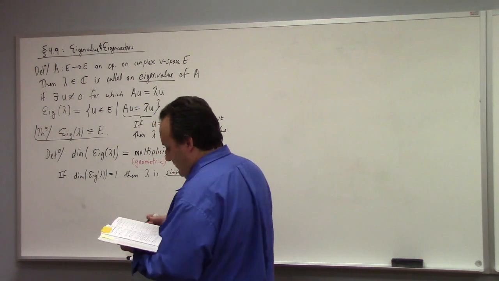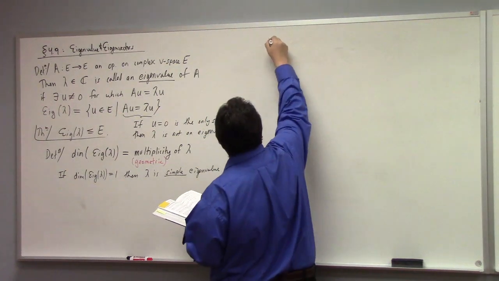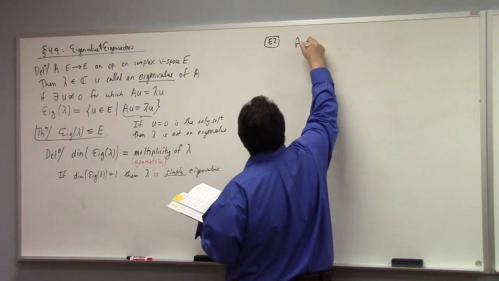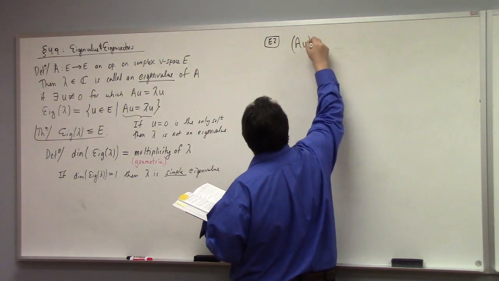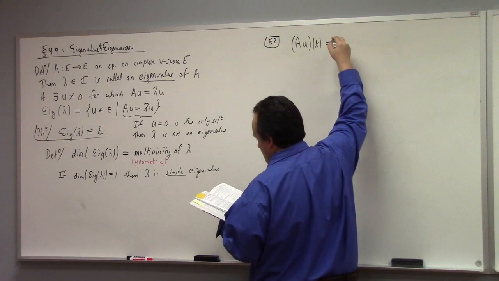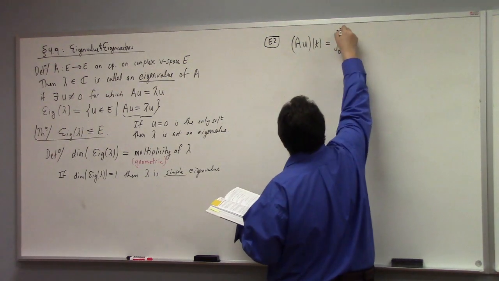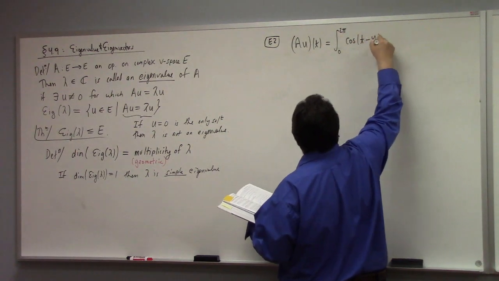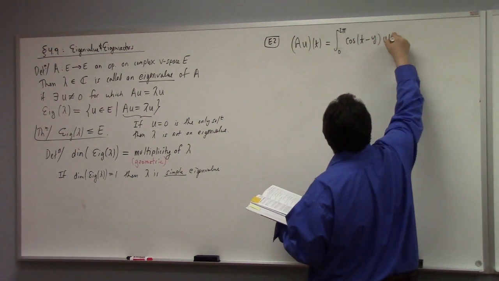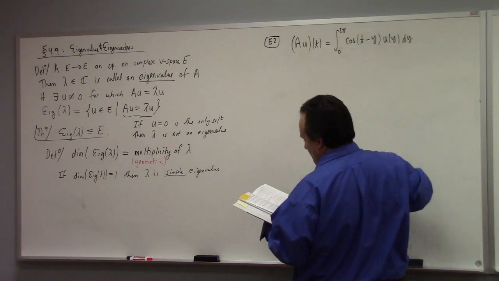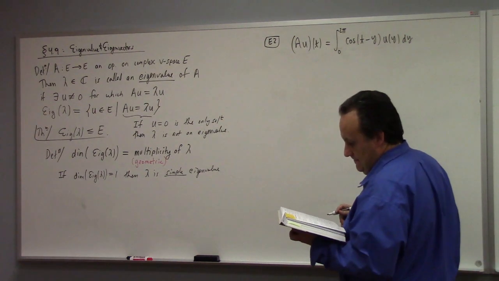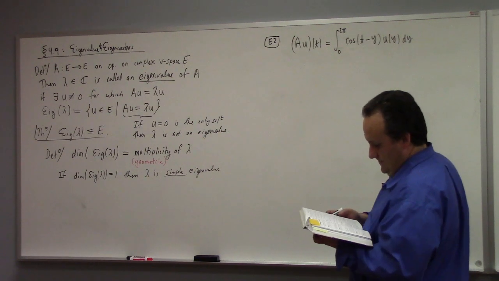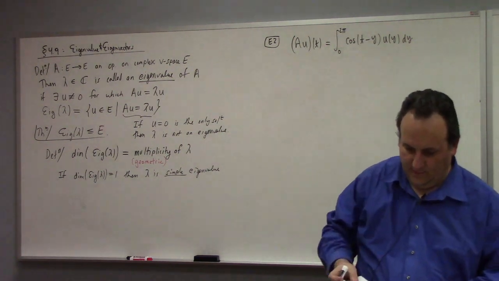Let's see here. He has an example 2. He has u of t equals the integral from 0 to 2 pi of cosine of t minus y, u of y dy. And I guess he works it out here.